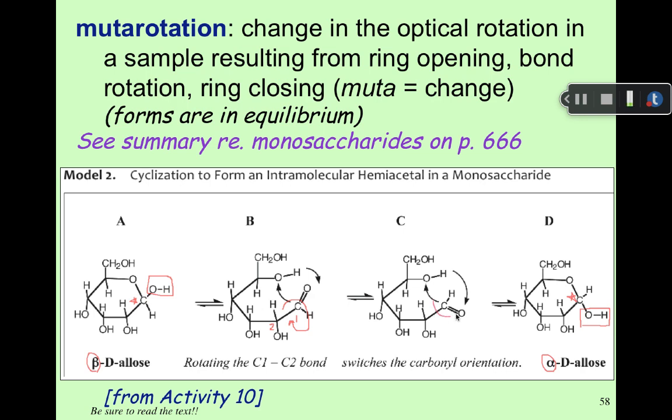And if it rotates again, you'll get a different orientation as the ring closes. So it's a change in the optical rotation, and that's why it's called mutarotation. All of the monosaccharides that occur naturally in solution are typically found in the closed ring form, but it can be either alpha or beta because of mutarotation.